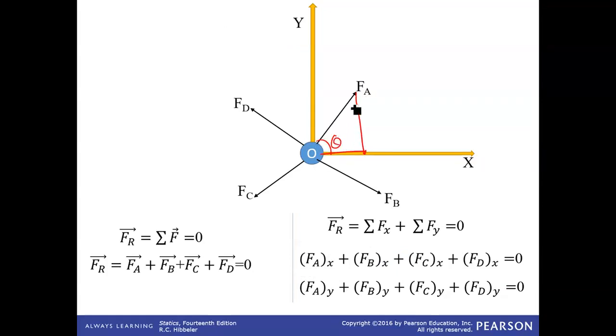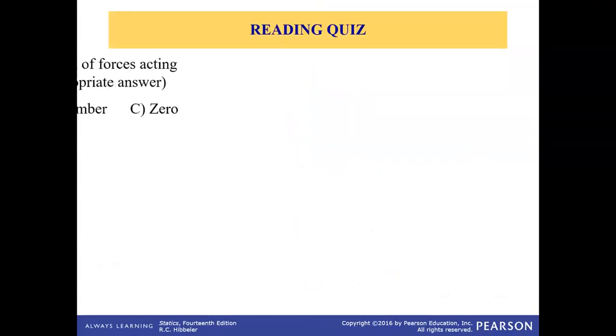If you know this angle theta, we can say that Fa cosine theta is the x component, and Fa sine theta will be the y component of the force. So this is Fax and this is Fay, and we apply that same concept to all the remaining forces, and if we add all the forces' x components, then that will add up to 0. If we add all the forces' y components, then we get 0. And again, these are equations of equilibrium.